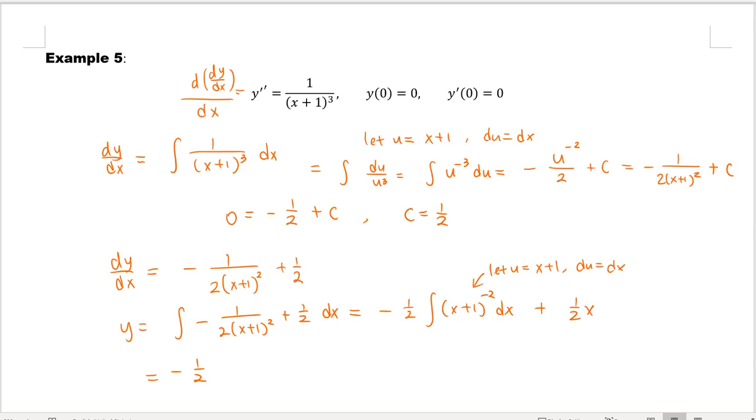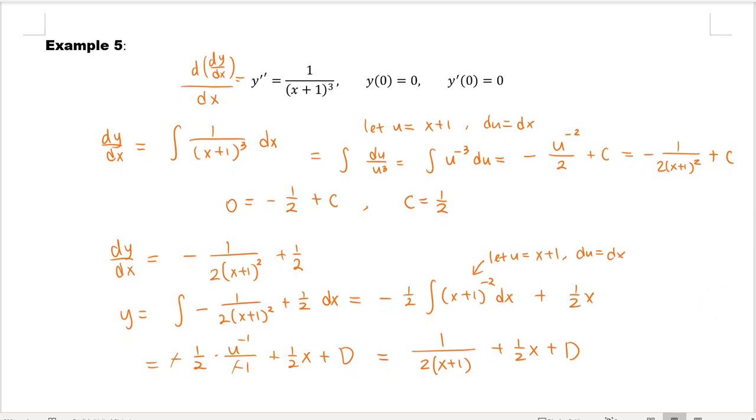So the integral of u to the minus 2 is u to the minus 1 over minus 1, plus 1 half x plus c. Then you can see the minuses cancel, and this is just 1 over x plus 1, plus 1 half x, plus, let's call it d, because we already have c on top. Let's call it a different name.